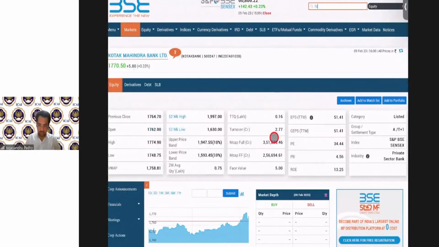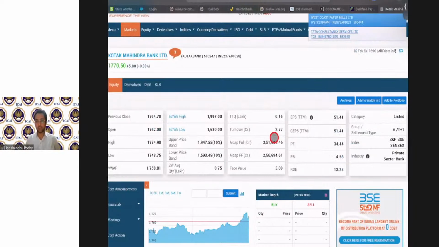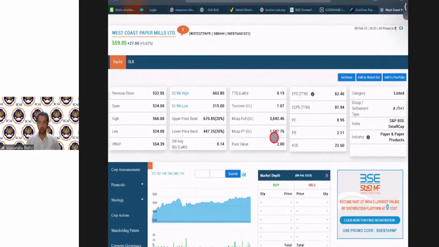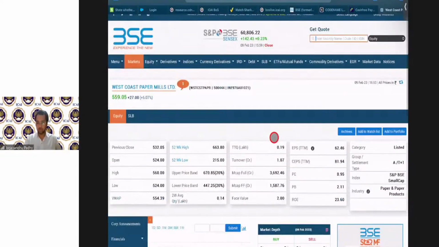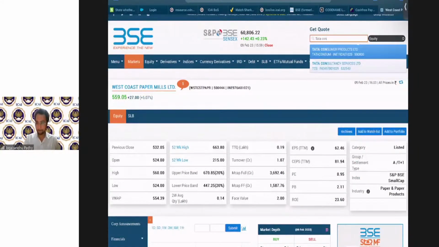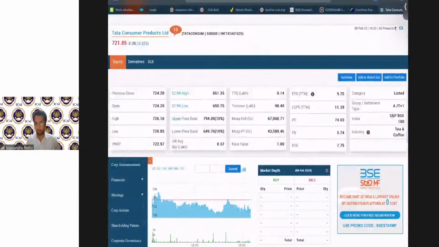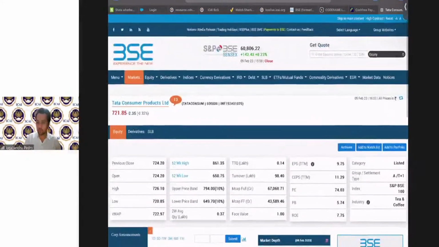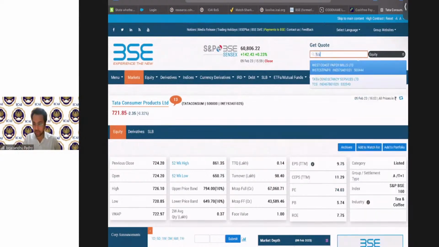Or if you look at the IT companies like TCS, they have a price to book value to a larger extent. So let me show it to you. TCS.